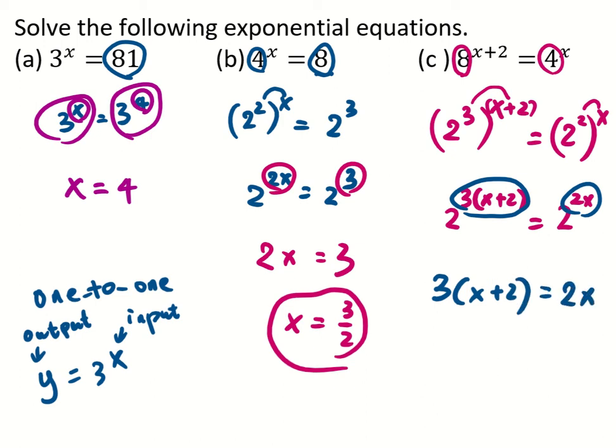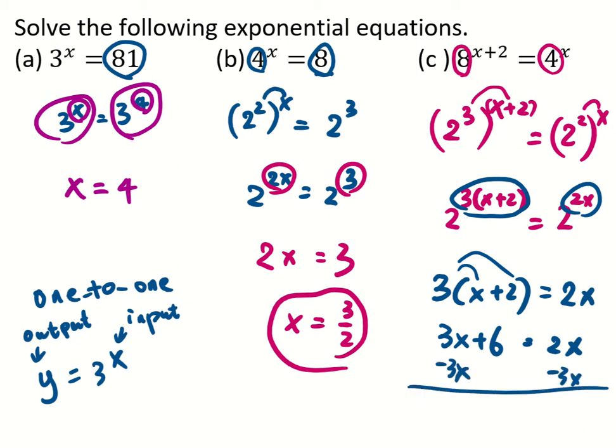We'll solve this equation. Distribute: 3x plus 6 equals 2x, and I will subtract 3x on both sides. So I have 6 equals negative x, and the answer is x equals negative 6.